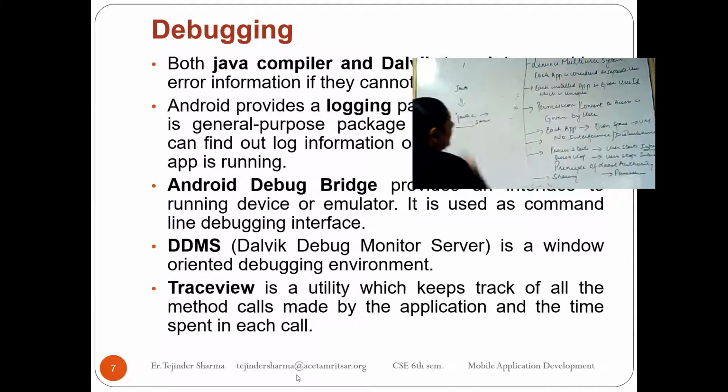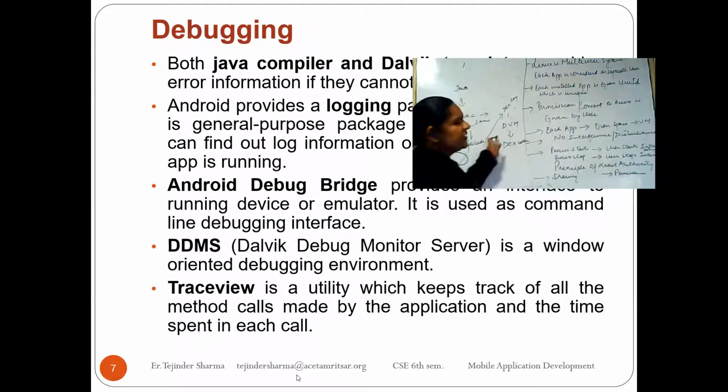That means Java compiler is refusing, saying there are errors in the code and I cannot build this. Second, once Java code has been converted to the bytecode, this bytecode is taken as input by the DEX compiler, which will run this bytecode on the Dalvik virtual machine and convert it into the DEX code.